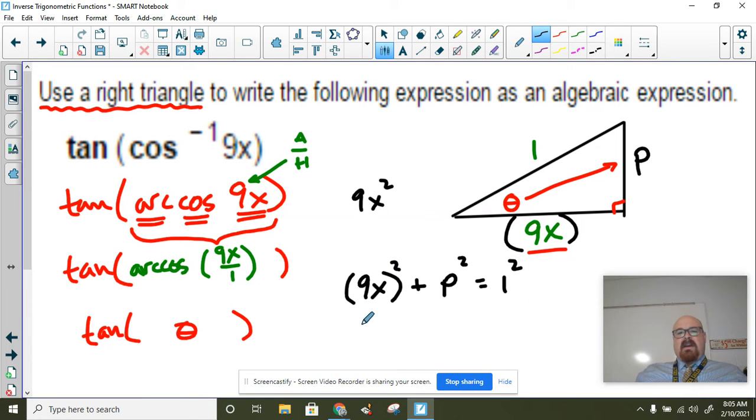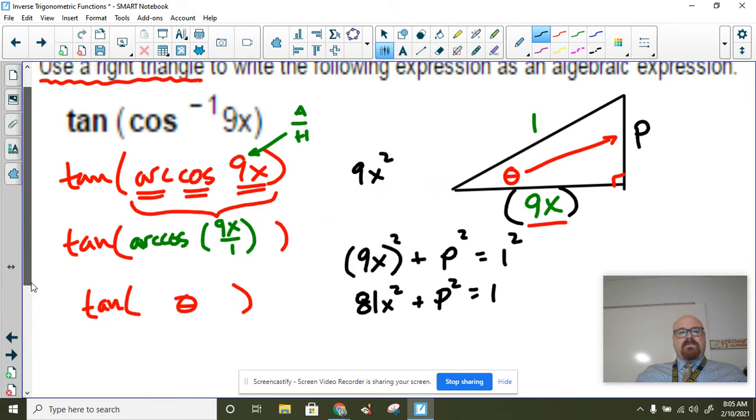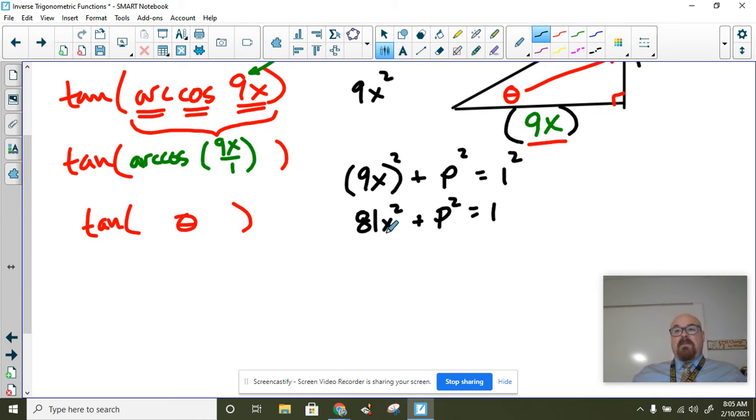When we square 9x, we get 81x squared plus p squared equals 1. This is already shaping up to be one of those unsatisfying problems where we don't get a number for our answer, because we're never going to be solving for x here. So we're going to take this quantity and subtract it to the other side so we can isolate the variable we're actually solving for, which is p. And then we're going to take the square root of both sides.